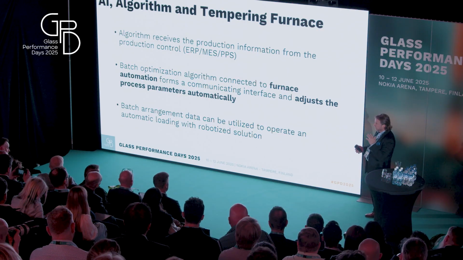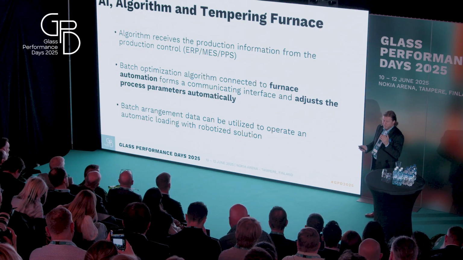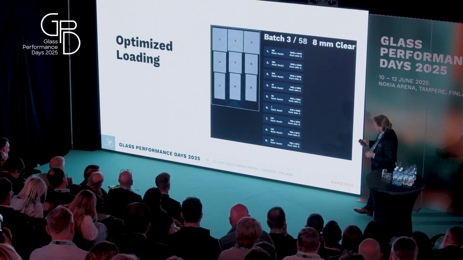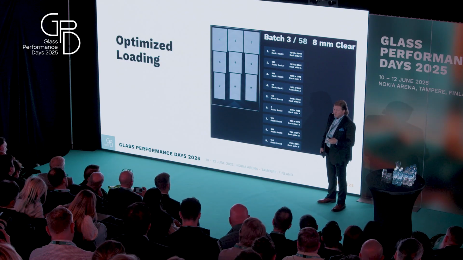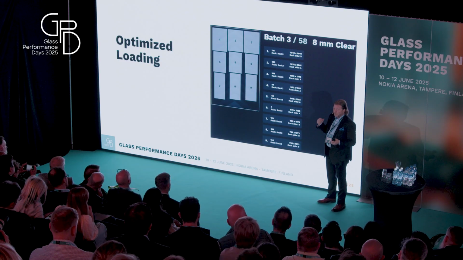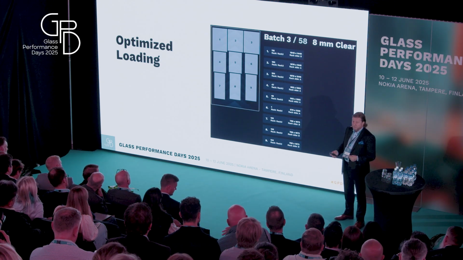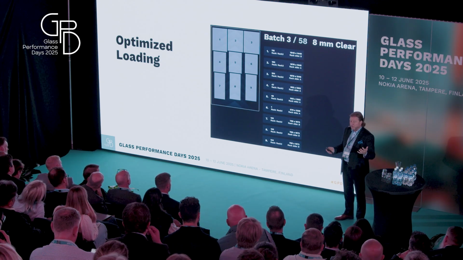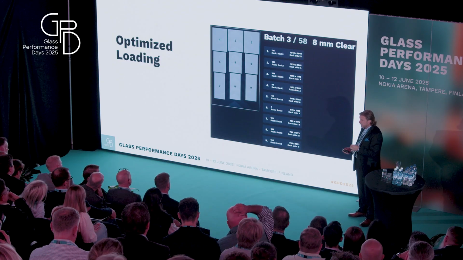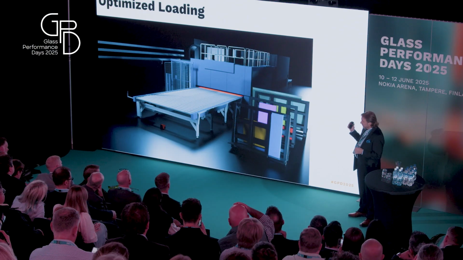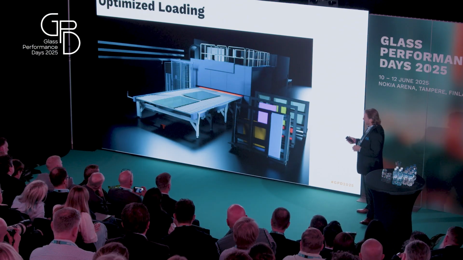And then once you have the batch arrangement data, it can also be utilized with robotic solutions. So the algorithm has different possibilities to be a guidance for the operator, or it can control the automatic loading system, whatever it is, arm robot, some conveyor system, whatsoever. And the important thing is that you should be able to mix the loadings, mix the orders.